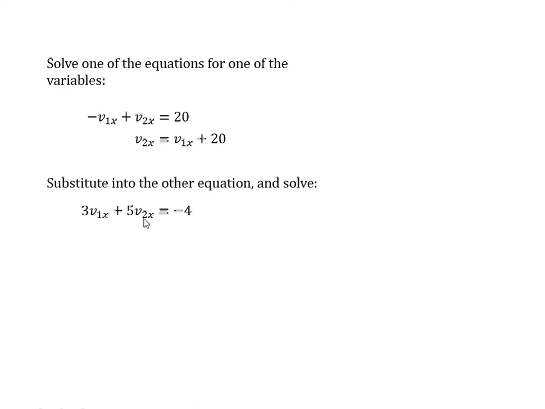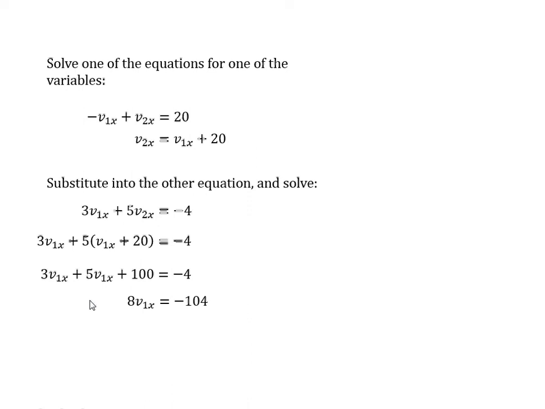Anywhere I see a v2x, I can replace it with v1x plus 20. So we have 3v1 plus 5 times the total quantity v1 plus 20 equals negative 4. That gives an equation involving just the one variable, v1x. We can distribute the 5 across the parentheses. So now we have 3v1 plus 5v1 plus 100 equals negative 4.